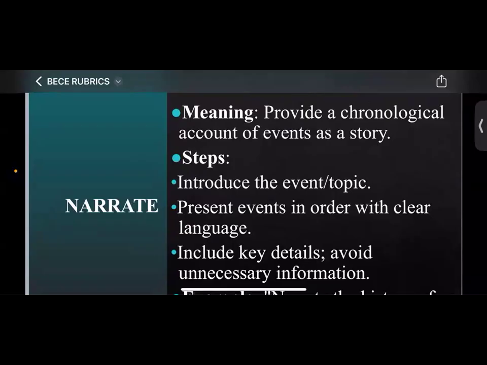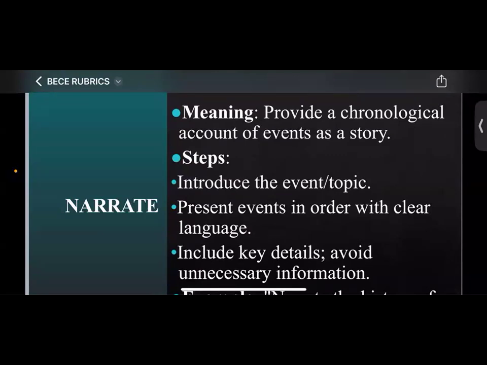Especially in the subject RME, students usually encounter questions that start with narrate. That's the directive verb here. You are to narrate the birth of Christ. Narrate the death of Christ. These are questions we all too often come in contact with.